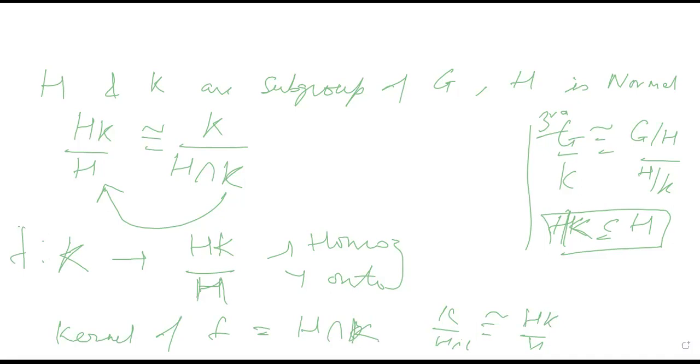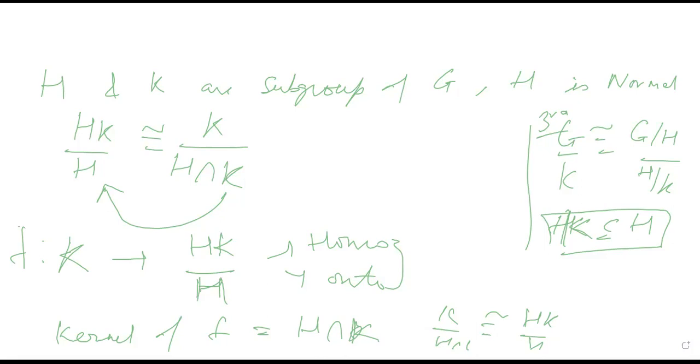Isomorphism is like a bilateral relation. That is, if A equals B, then B equals A. It is an equivalence relation, so if A equals B, B equals A, and it's transitive also. So proving either side is fine. That is the thing that you should know.